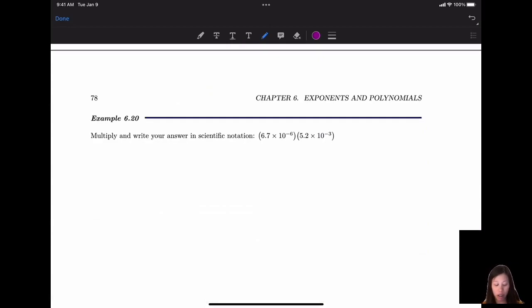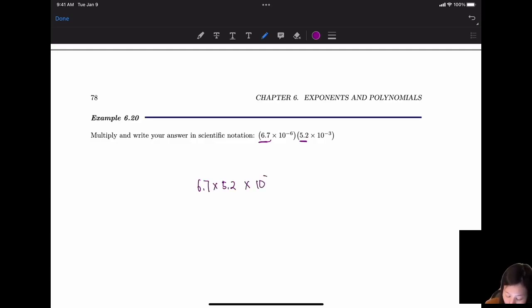Okay, now in here, multiply and write the answer in scientific form. Again, the numbers, we multiply them together, and the exponents, we add the exponents together.